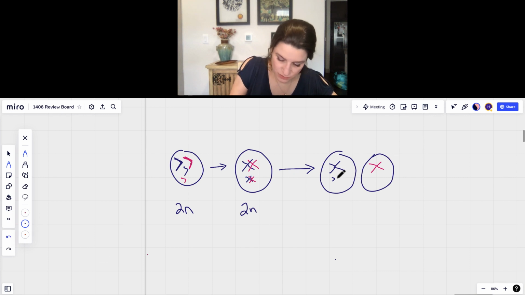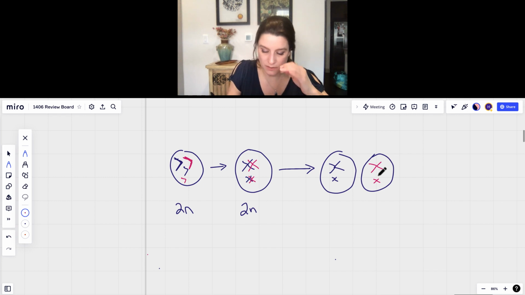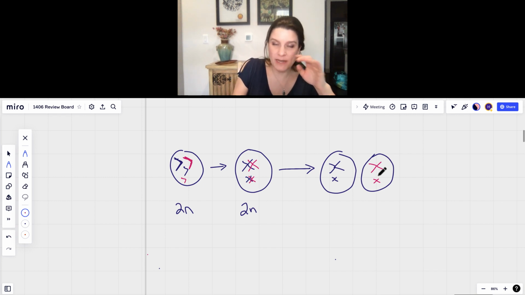I'm not drawing crossing over or anything else, which does happen. So you'd actually have little chunks of purple on the pink and the pink on the purple. But you end up with this situation here. So if we're going to look at ploidy, we have one big and one little in each. So one of each is 1N, or we just call it N, which is haploid. And this cell's haploid. So you have two haploid cells from a diploid cell.